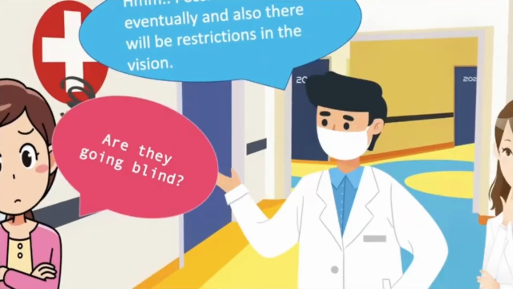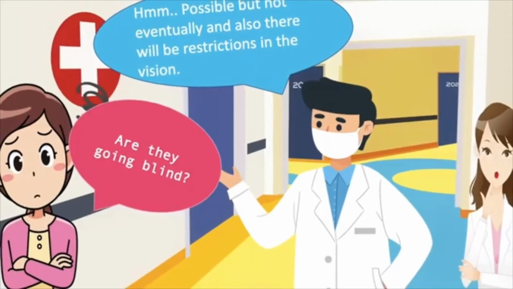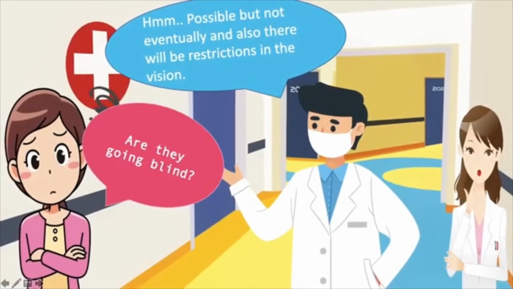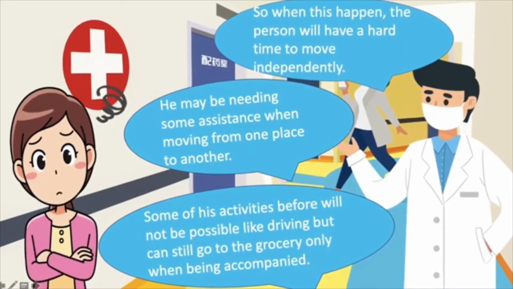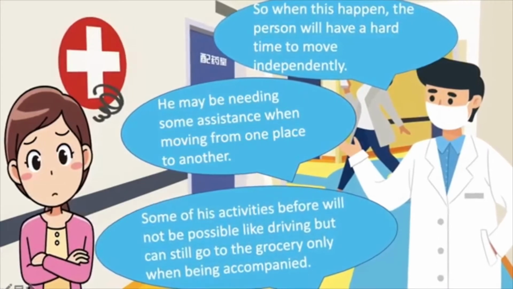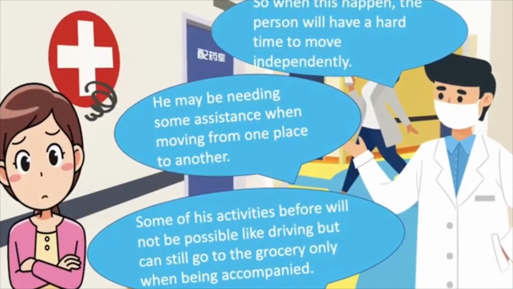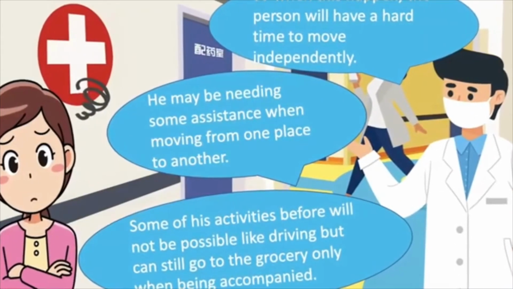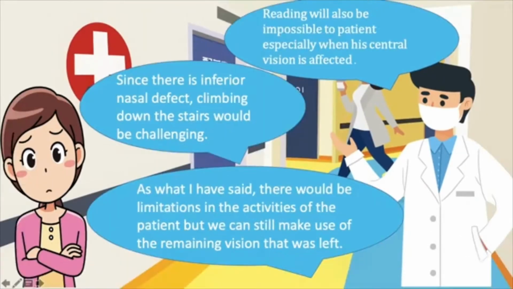Are they going blind? Possible, but not eventually. There will be restrictions in the vision. The person will have a hard time moving independently and may need assistance moving from one place to another. Some daily activities will not be possible anymore, such as driving, but the patient can still go to the grocery when accompanied.